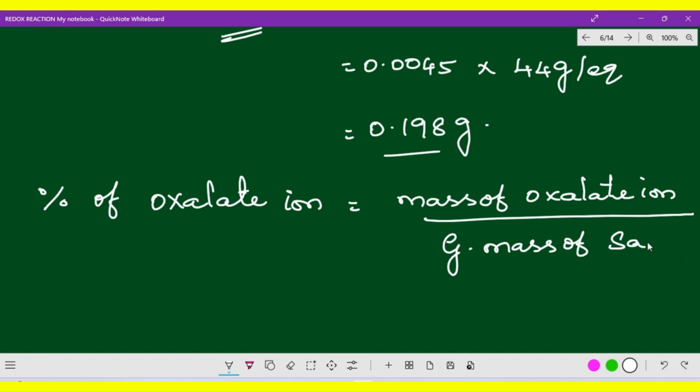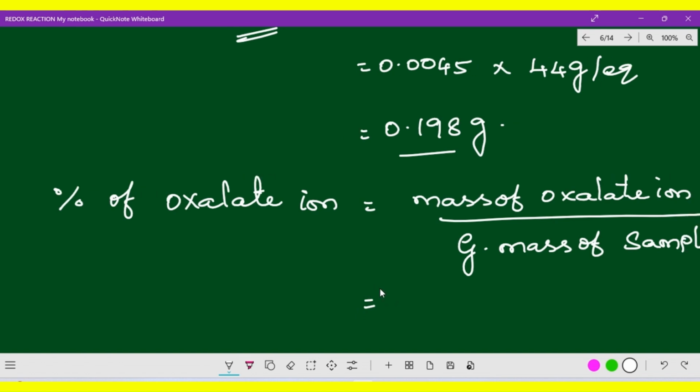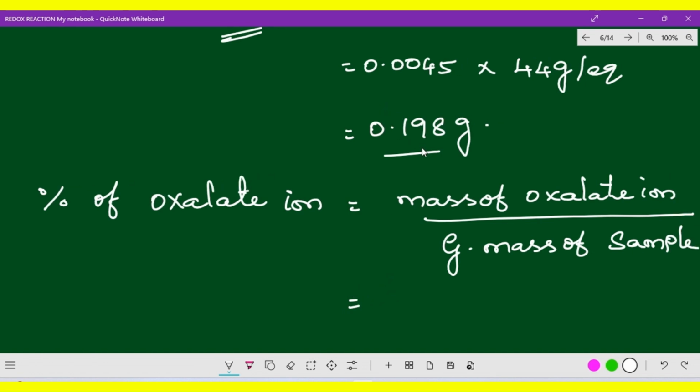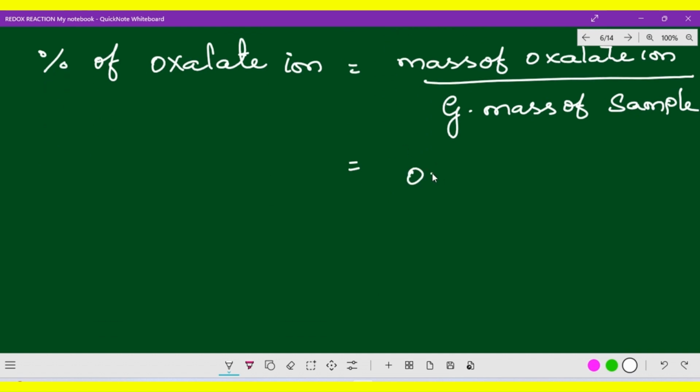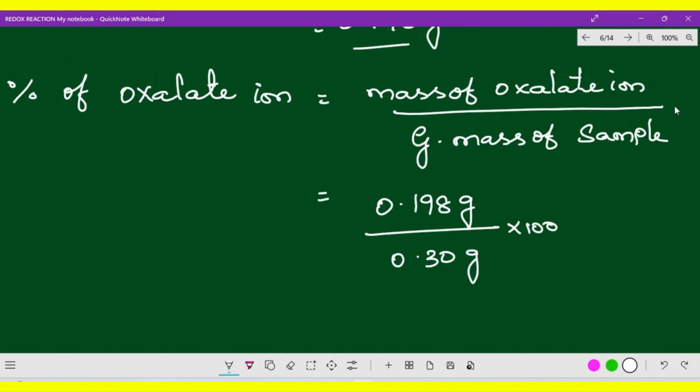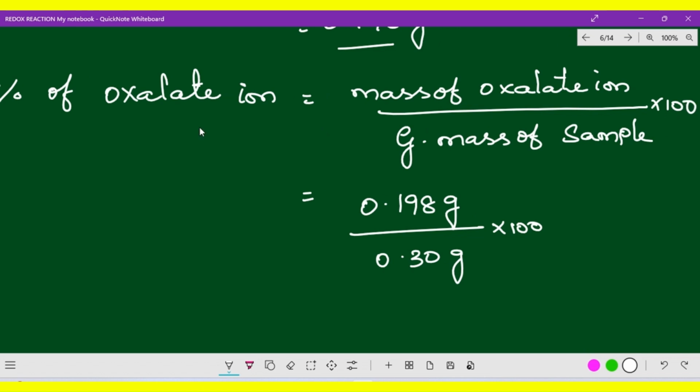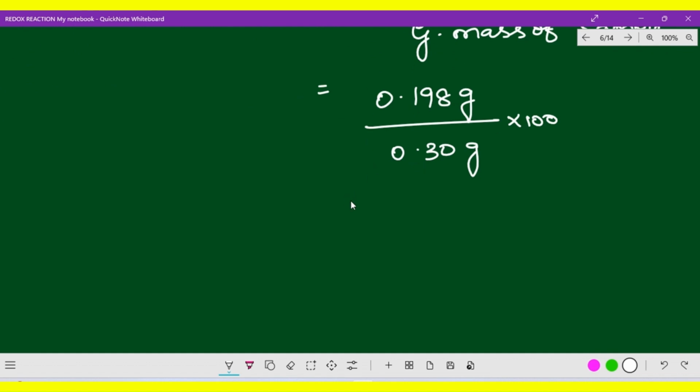So 0.198 gram, which we just found out as the mass of oxalate ion, divided by 0.30 gram, into 100, because percentage means into 100. I just forgot to mention this point here, so remember it in the formula. Now when you calculate this, you will be getting 66% of oxalate ion.